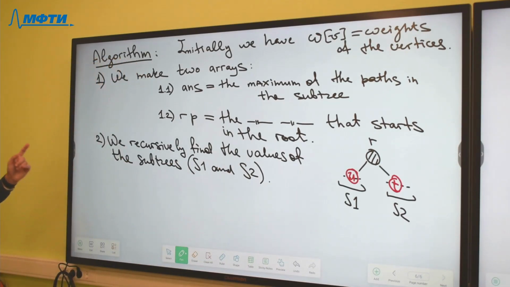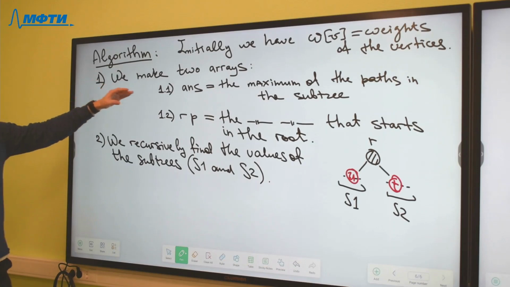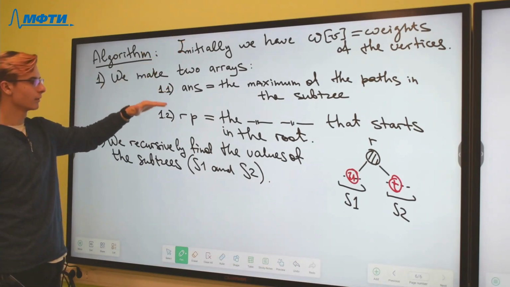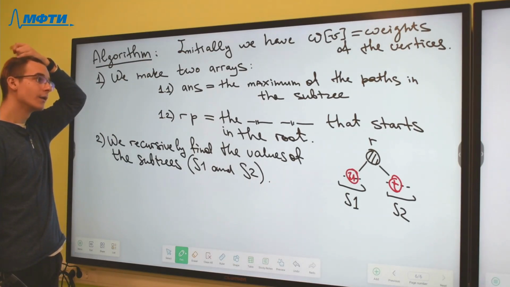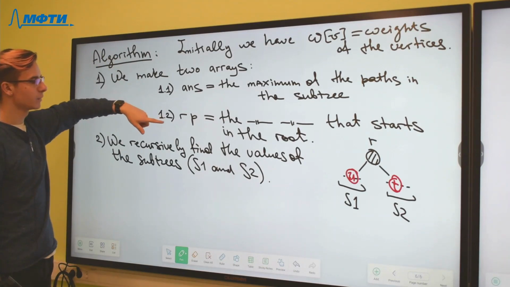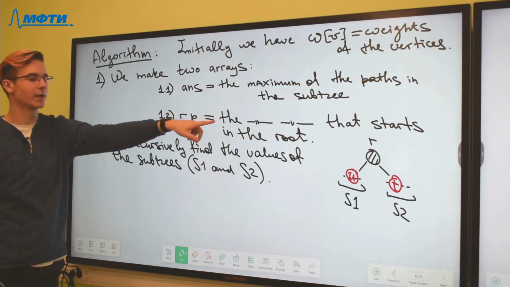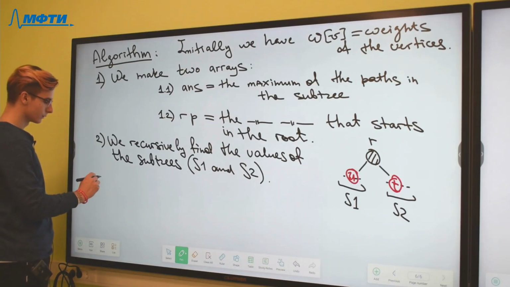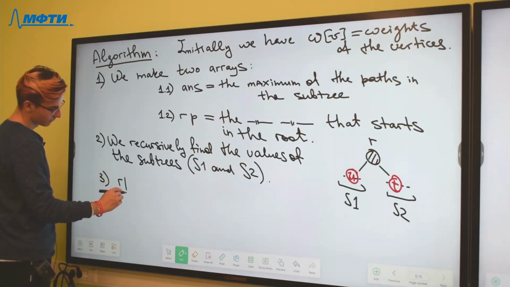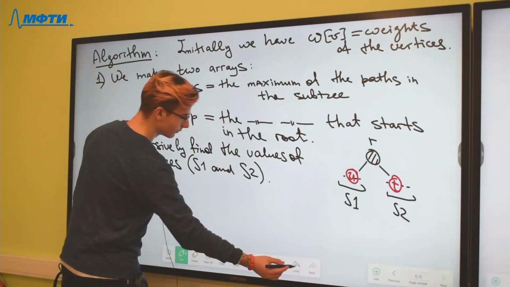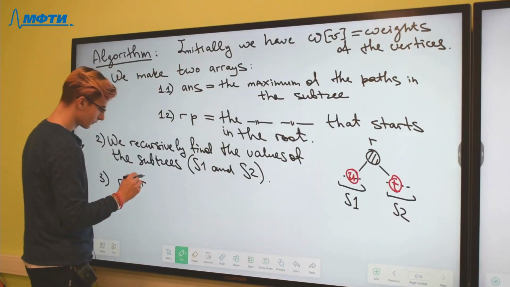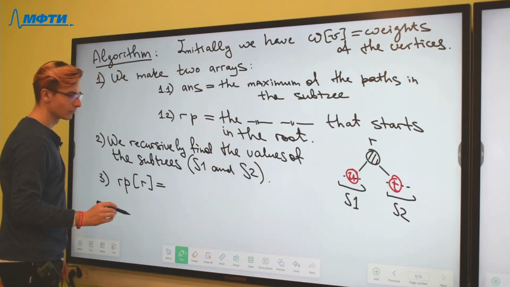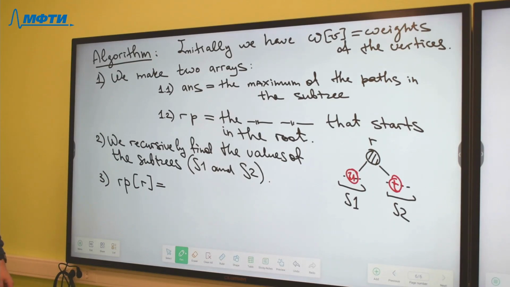Then, okay, if we have these three arrays, what can we say about, for example, RP for R? What is the maximum path that starts in the root?